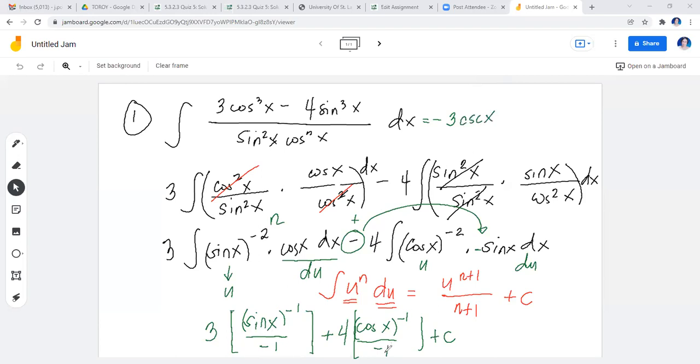And this is minus 4, so what's the equivalent of 1 over cosine x? That's secant of x, plus c. So this is the answer to this particular integral using simple identities, mathematical manipulation and critical thinking skills. Do you have any questions? No questions?